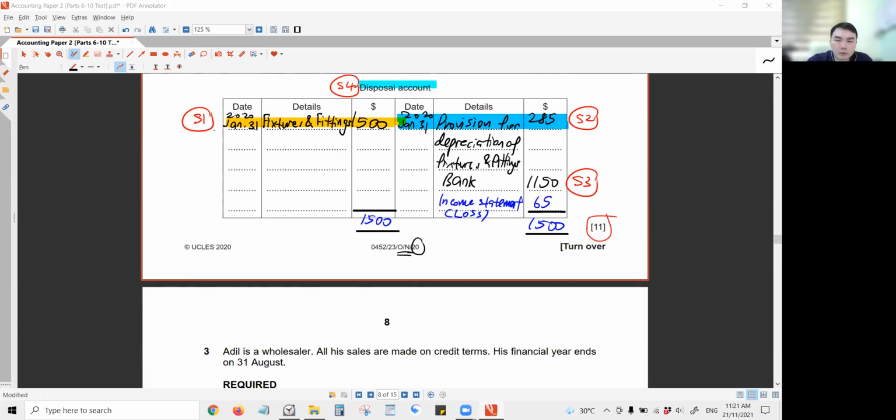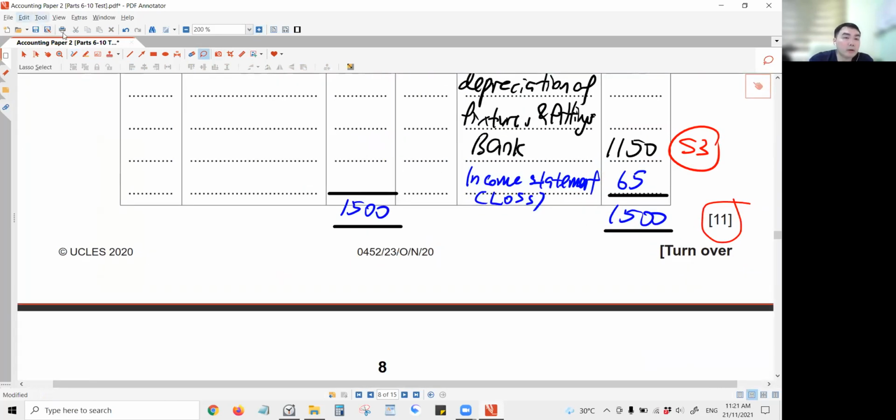You're asking me which year this question was from? You can see the bottom of the page. Let me guide you on how to read this in case you do not know. Maybe some of you know, some of you do not know. This means 2020. This means October, November.